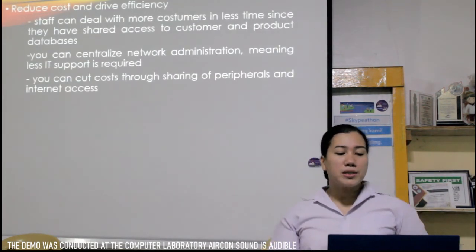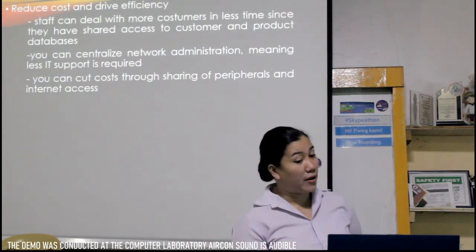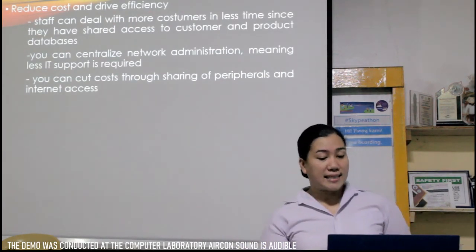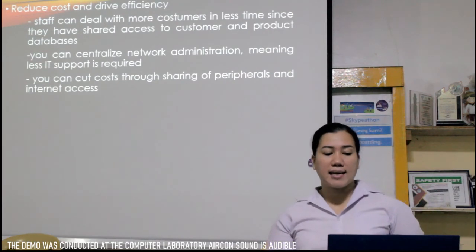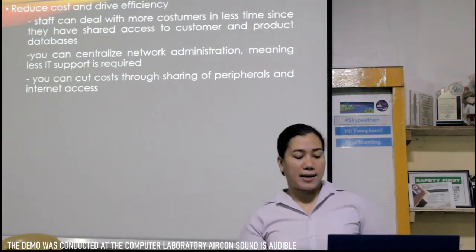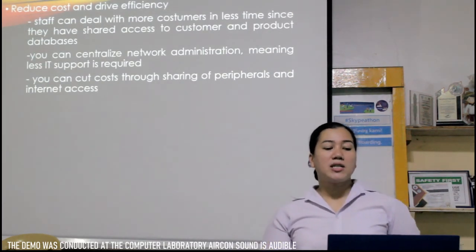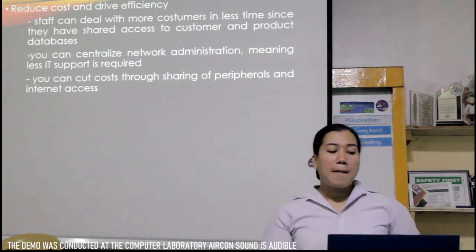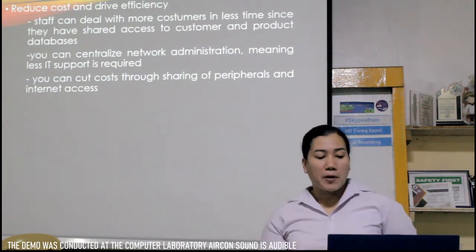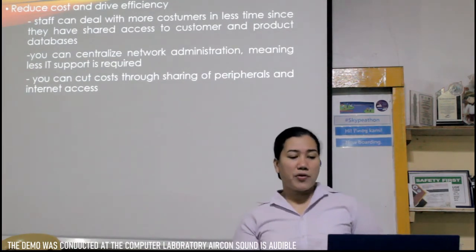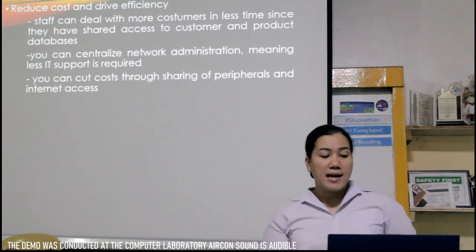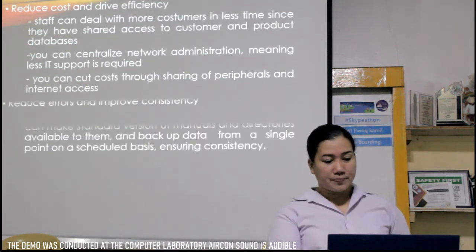We have also reduced cost and driven efficiency. Staff can deal with more customers in less time since they have shared access to customer and product databases. You can centralize network administration, meaning less IT support is required. You can cut costs through sharing of peripherals and internet access.